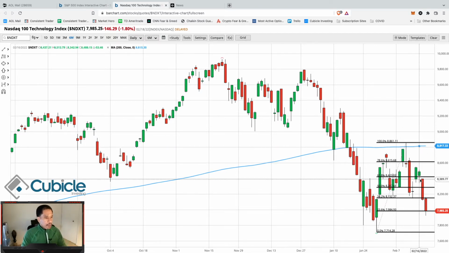With that being said, I'm still bullish on the market. I still think that we are in a bullish trend, but of course, no market goes up in a straight line.